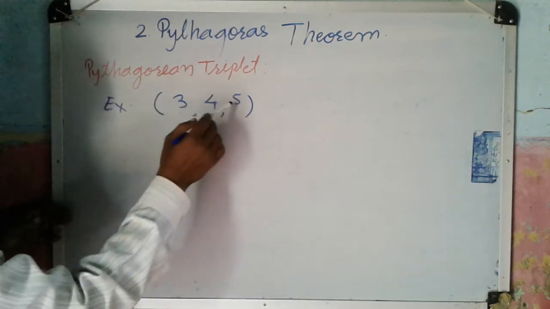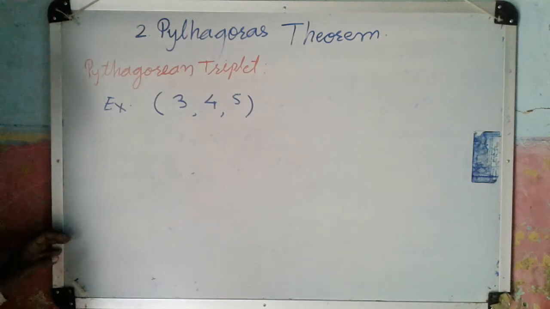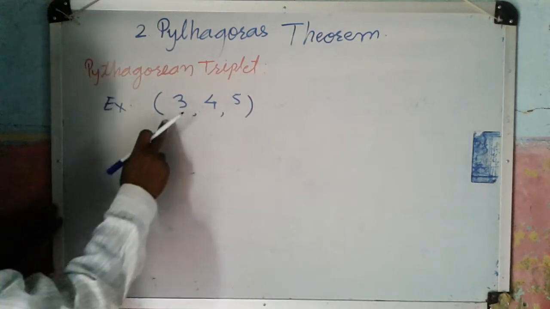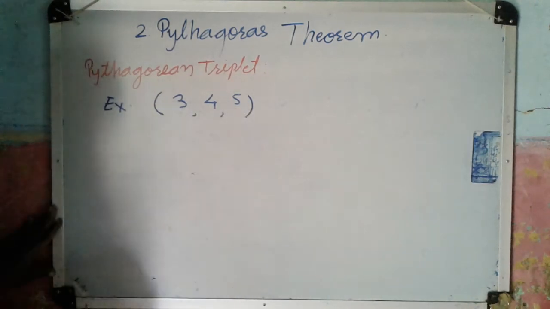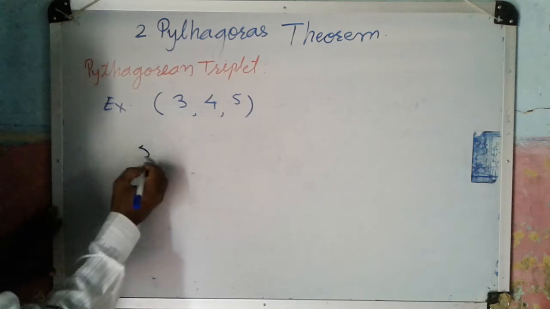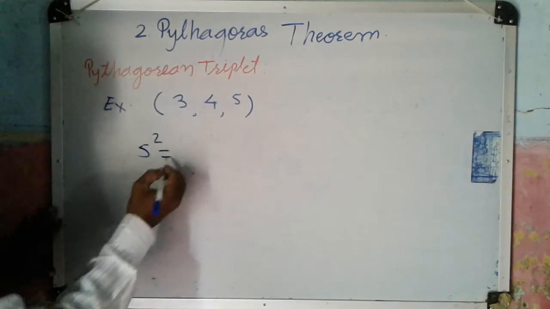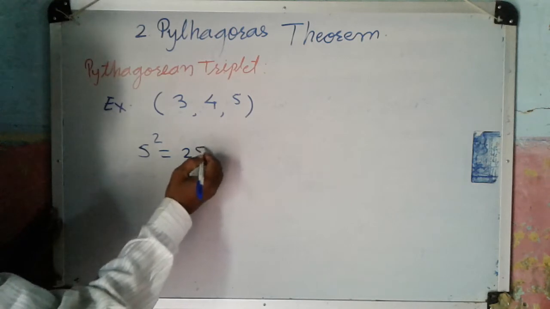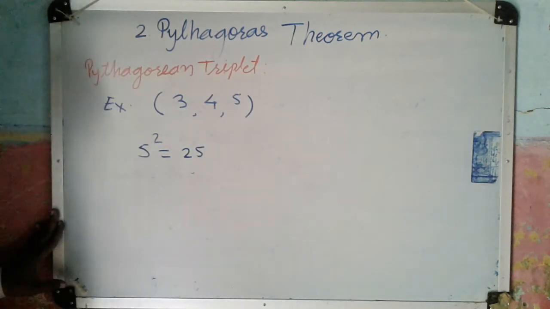This is one triplet of natural numbers: 3, 4 and 5. Here in this triplet the larger number is 5. So 5 square is equal to 25, the square of the larger number.